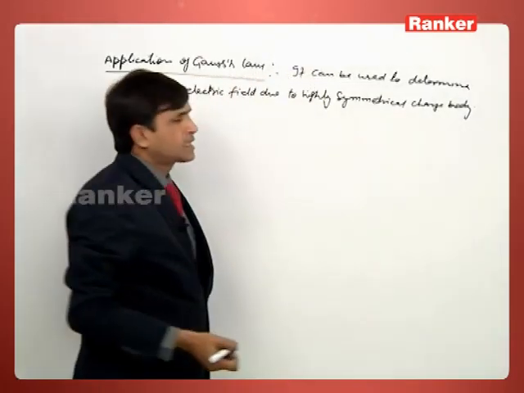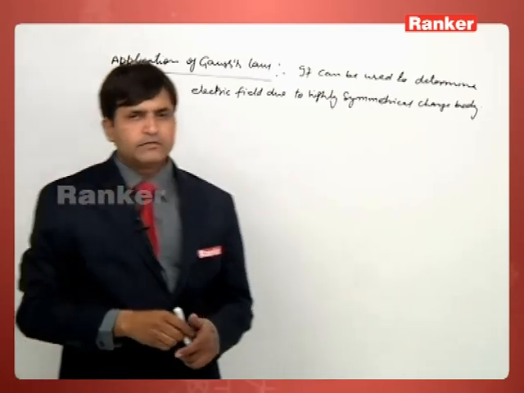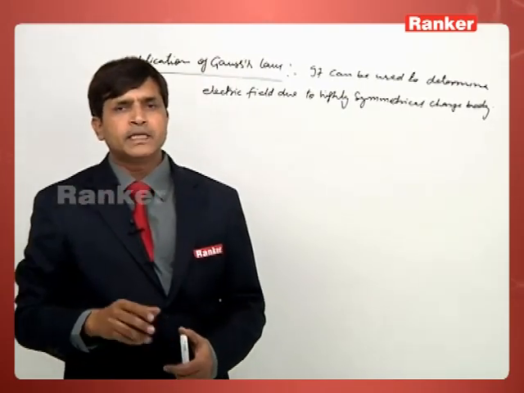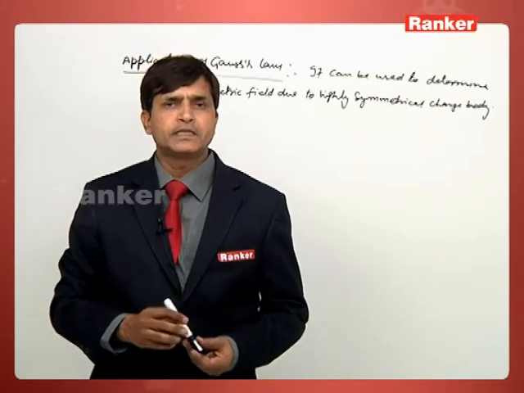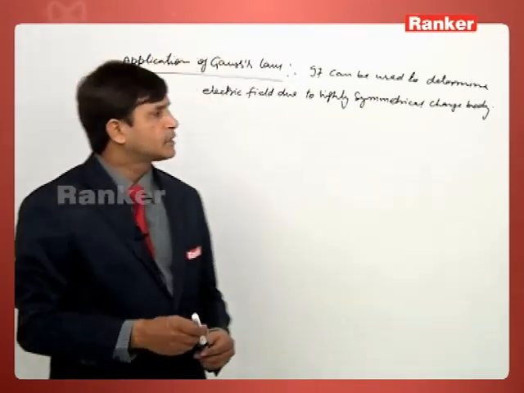Why highly symmetrical charged body? Then only we will be able to make a proper Gaussian surface, so that at each and every point the electric field on that Gaussian surface will be the same.